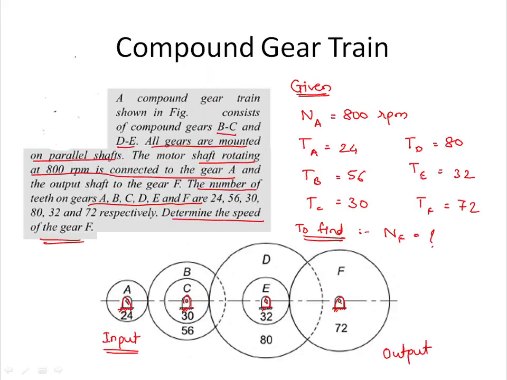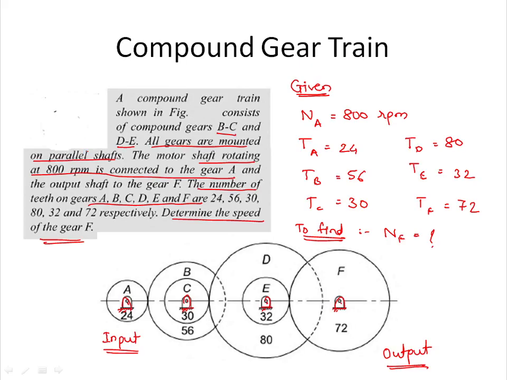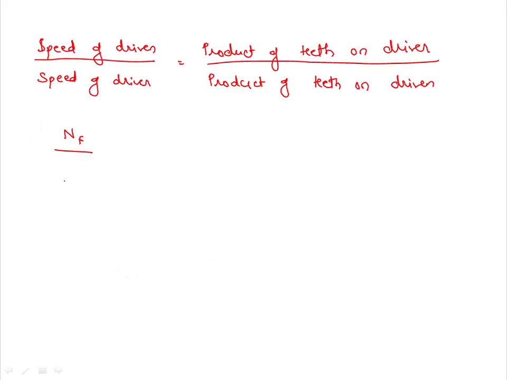Speed of driven. So driven means my output, NF. We don't know NF, so I'll just write NF over here. Then speed of the driver. Driver is my input, so that will be NA. Then product of teeth on driver.